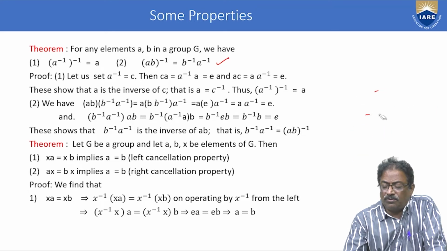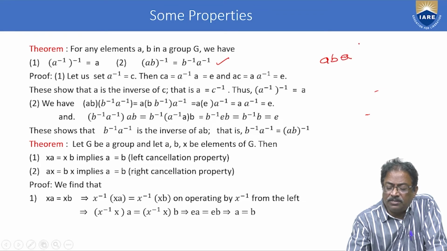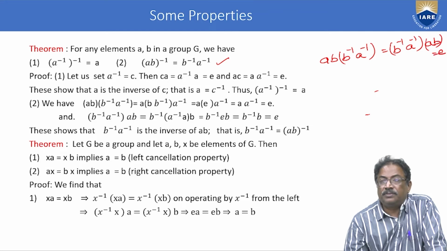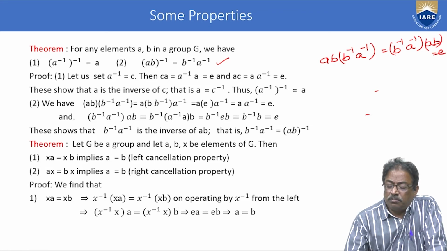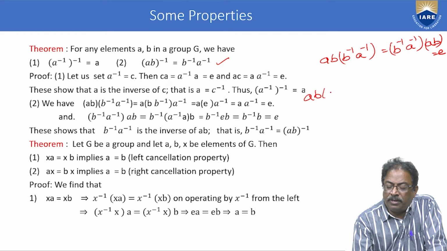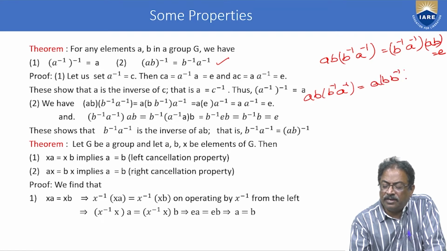We take AB, then B inverse A inverse, and we have to prove that B inverse A inverse into AB is equal to E. For that, we take AB B inverse A inverse, which is A, B, B inverse, and A inverse.